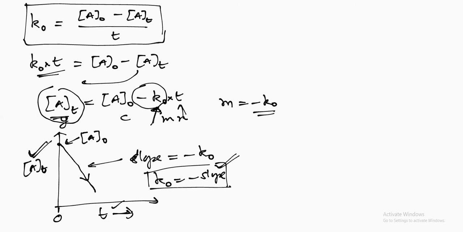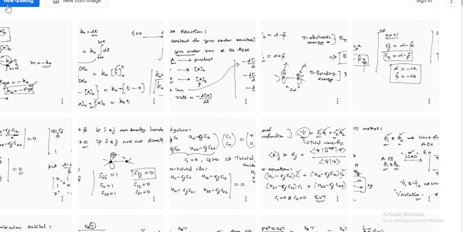Next term, what is the unit of k naught? Anyone? Can you tell me what is the unit of rate constant for a zero order reaction? This we have already discussed. Moles per liter per second. Very good.